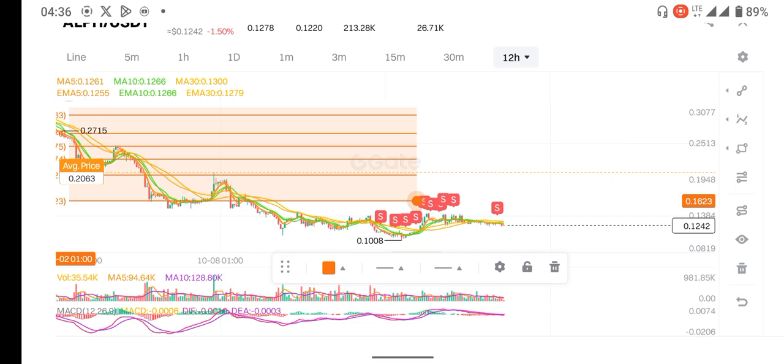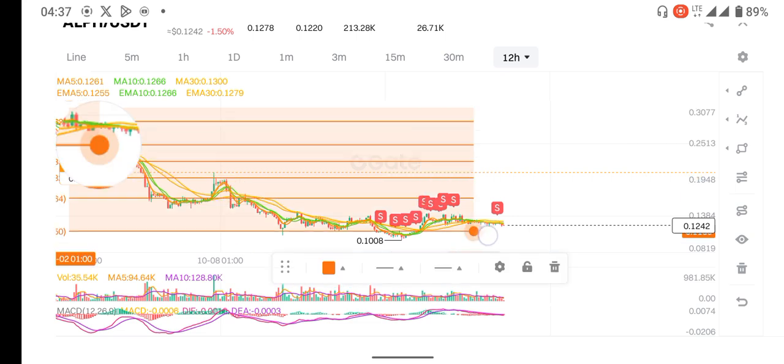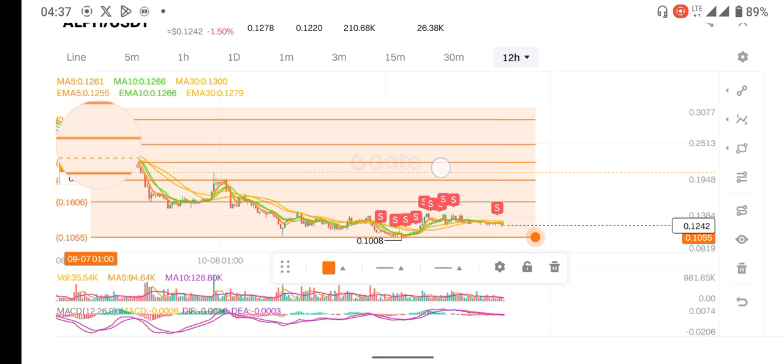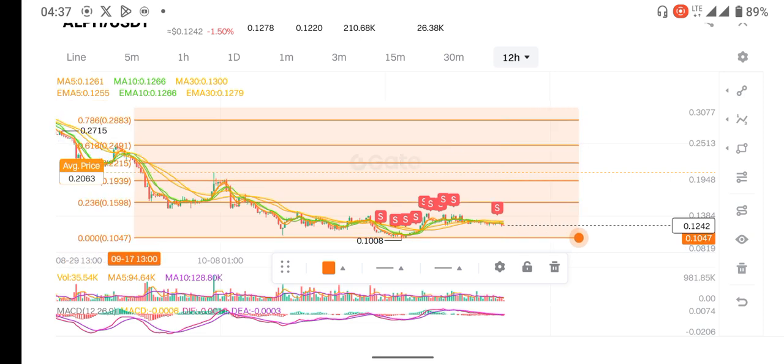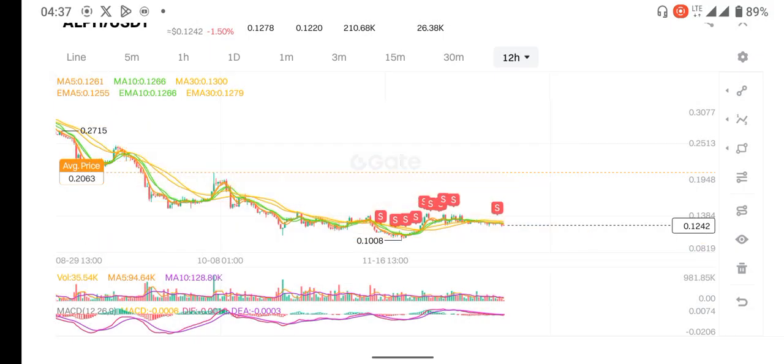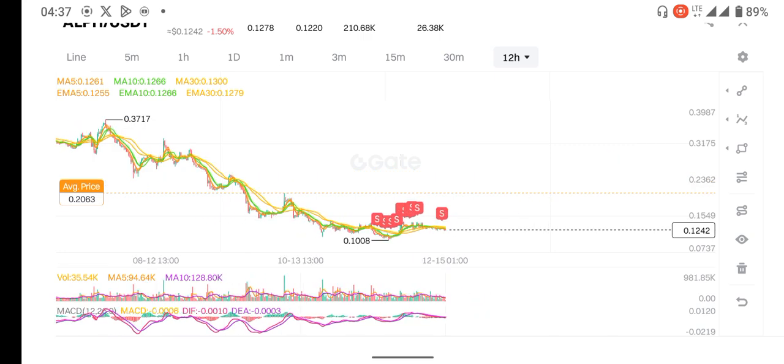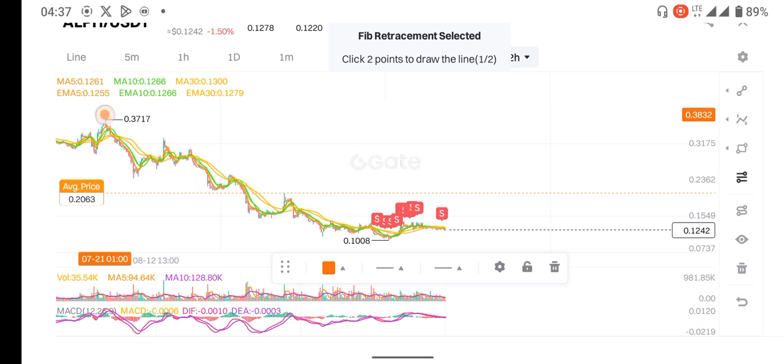We can go higher, but I've already started drawing, so we'll have to maintain this point. Using Fibonacci retracement at 78.6, we're expecting the price to reverse to 0.29. Let me draw another fib. I want to take a higher point. Let's use 0.3717 as our higher point.